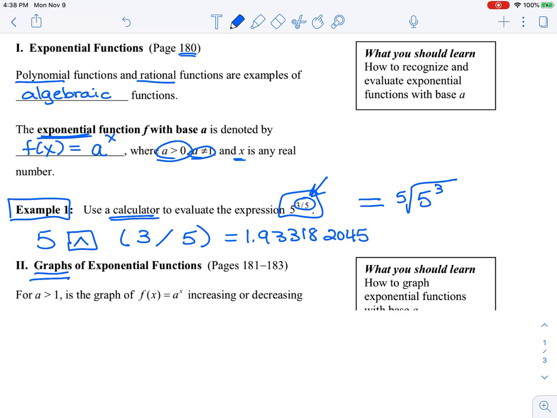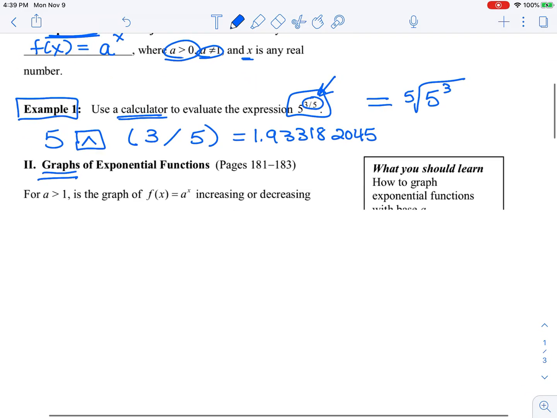So let's talk about their graphs now, which are really the bigger overarching theme of our section.